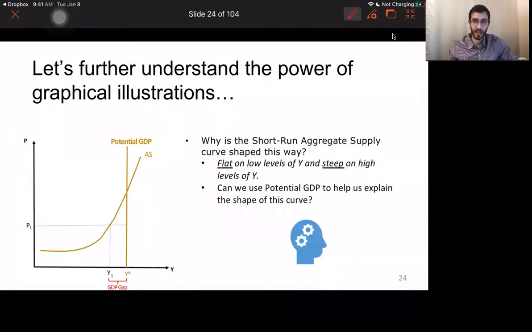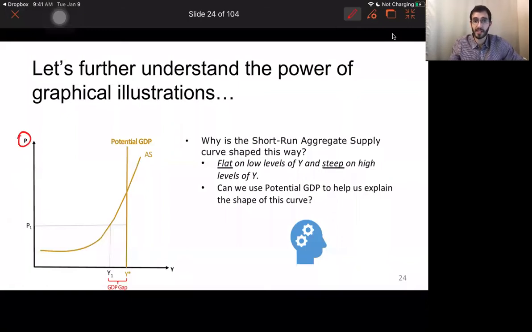Now let's connect how this level of unemployment and scarcity of resources is connected with the shape of this curve. We understand why it has a positive slope, because we're assuming here that the input prices are held constant, since the price here is the GDP deflator. I'm going to keep pounding on that because it's extremely important.